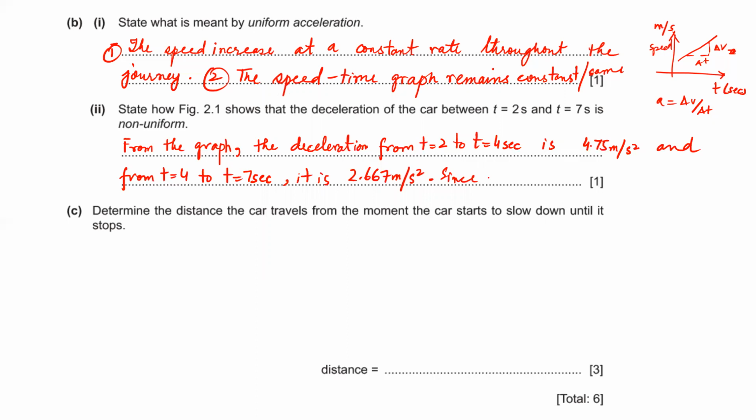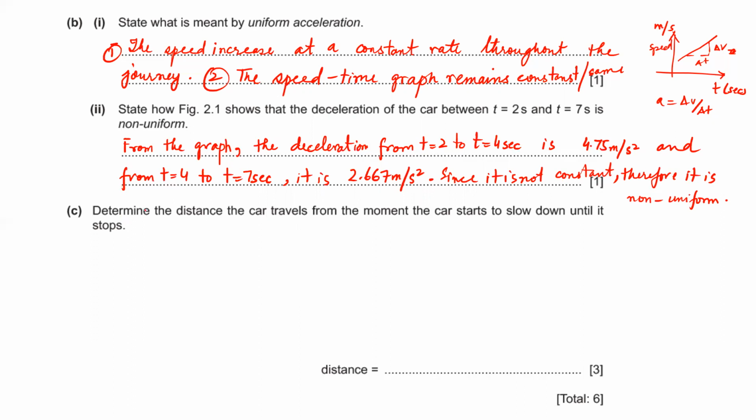Since it is not constant, therefore it is non-uniform. As simple as that. So we can simply see from the graph that this is not uniform.